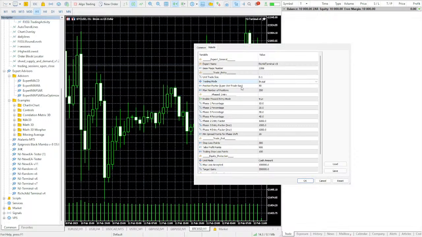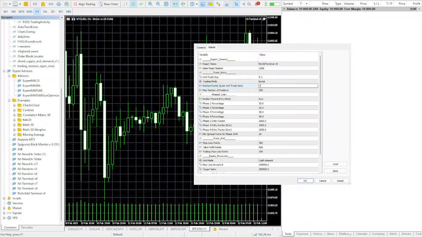So the position factor is the factor that is used for your positioning. I'll give you an example. You can see my balance here, if you go on top, is 10,000 rands. So I want to open a 0.1 lot size per every 1,000.